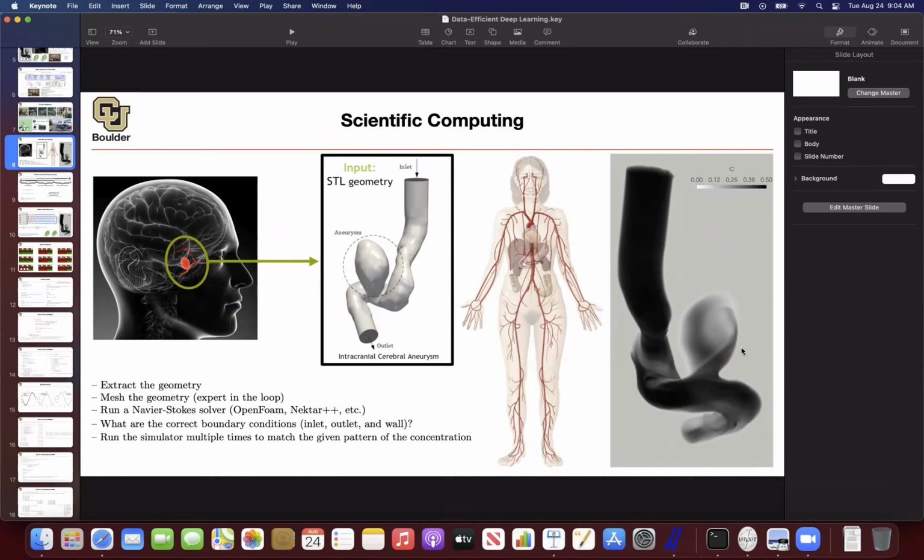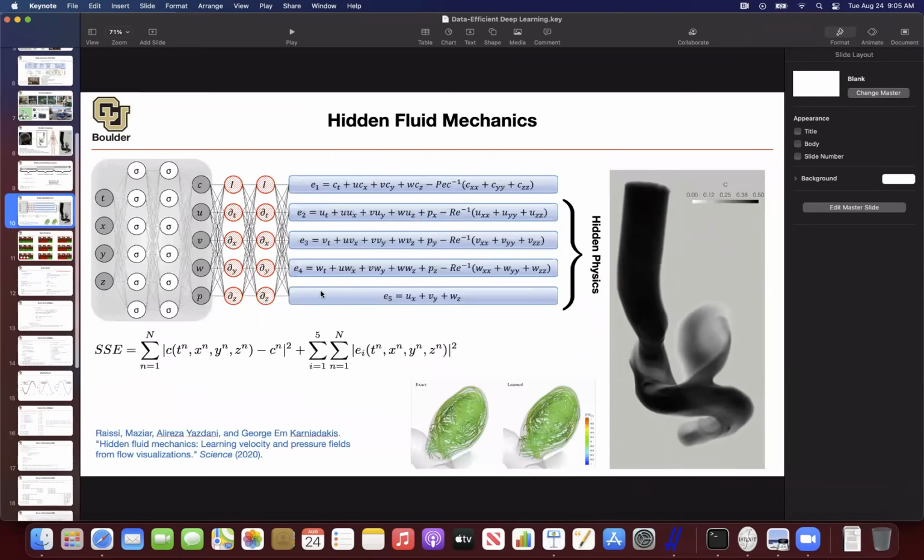And each round of a forward simulation takes 48 hours. That number times even 1000 is a lot of days that you need to wait for the algorithm. This algorithm, on the other hand, is going to converge in 48 hours, the entire thing, matching this pattern.